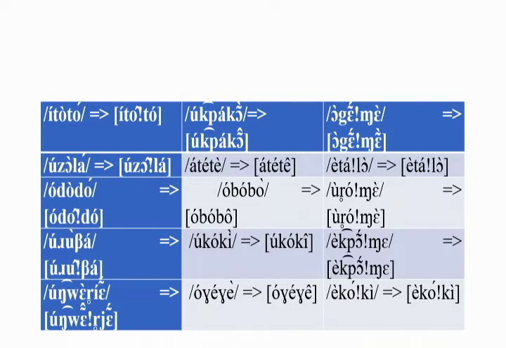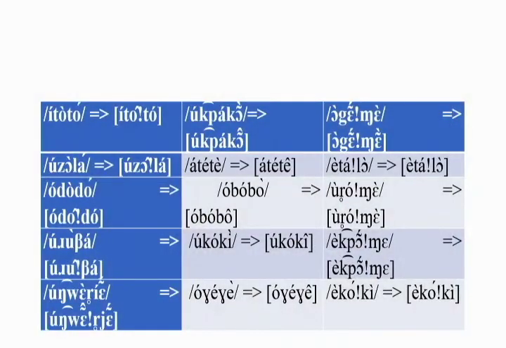Let us take that pattern first. Then you have Uzola, Itoto, Uwa, Umweye.